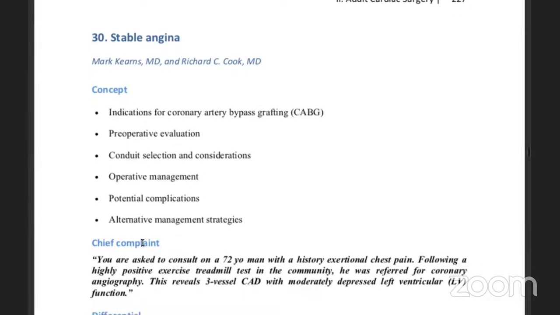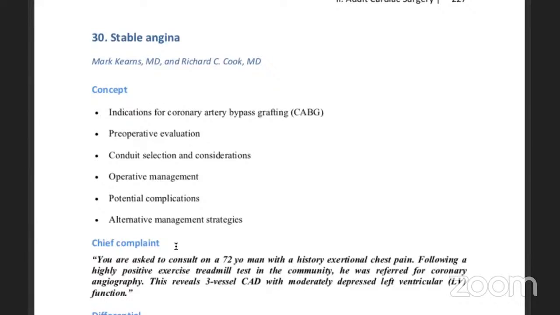For this patient, I will first make sure that he is on the highest level of medical therapy, that he used all of his options regarding medical therapy before thinking about invasive revascularization, because he's now complaining of unstable angina.